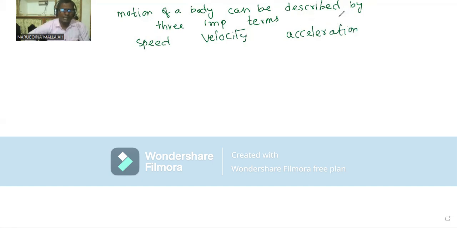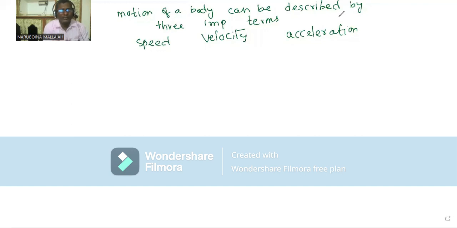If a car is running slow, we say its speed is low. If a car is running fast, we say its speed is high. That means how fast or how slow a body is moving, that is speed.